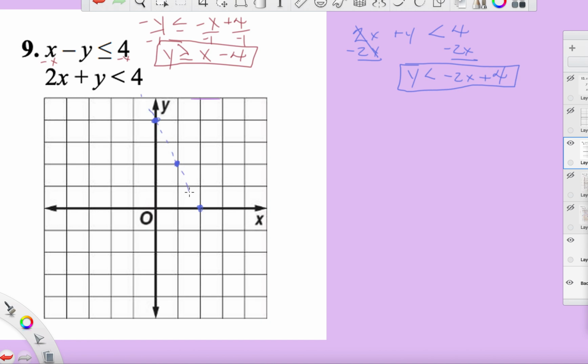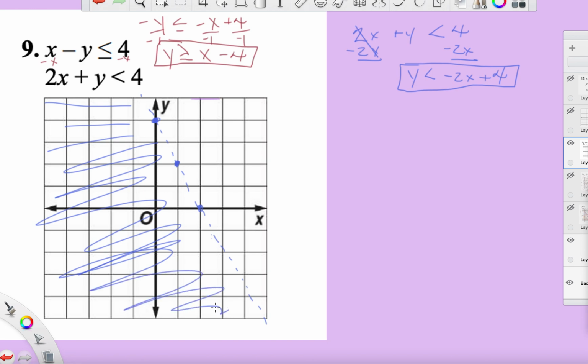This one's a little bit easier to do because it's only got a slope of -2. All right, so now I want to say everything less than that is a solution. So I'm going to shade everything underneath that line. Sound good?